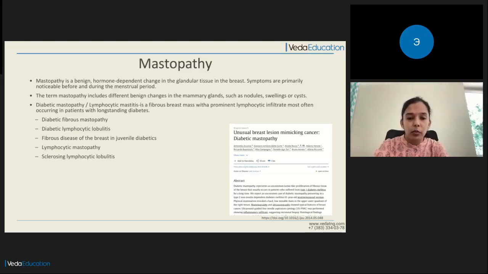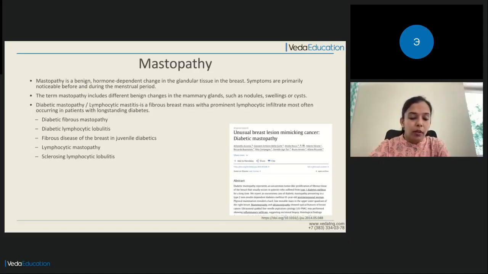And this is more common in the age group between 30 to 50, whereas PMS can occur even in adolescence and so on. So mastopathies are common in the older age group, like over 30, in the 40s or 50s, if at all the periods are still going on.